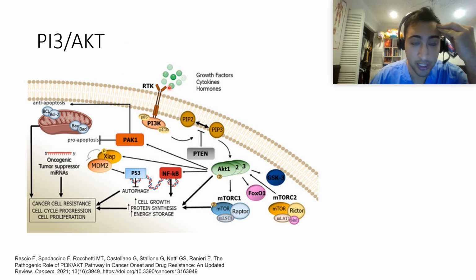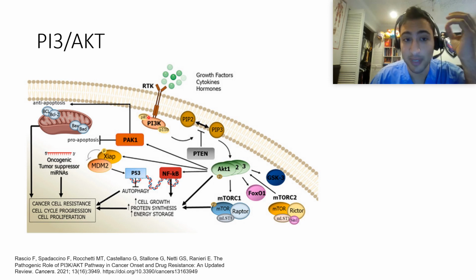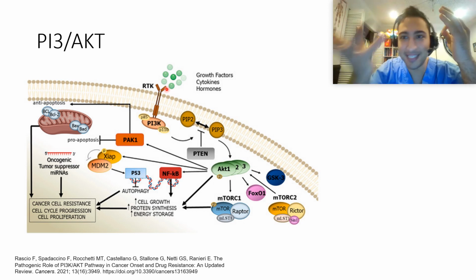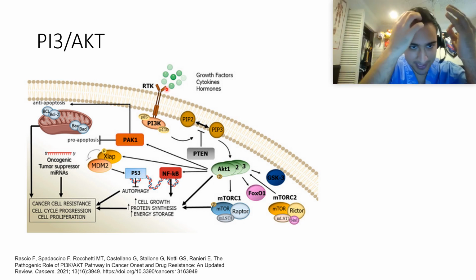That causes a change in the conformation of the receptor tyrosine kinase so that it cross-phosphorylates and recruits PI3K, all right? Phosphatidylinositol 3 kinase. That's the function of the receptor: the recruitment of PI3K. This is very important, what I'm emphasizing, because it underpins the whole idea behind how cancer happens.